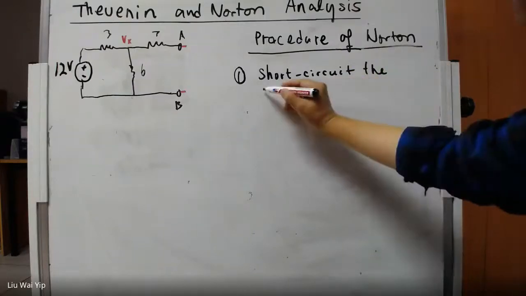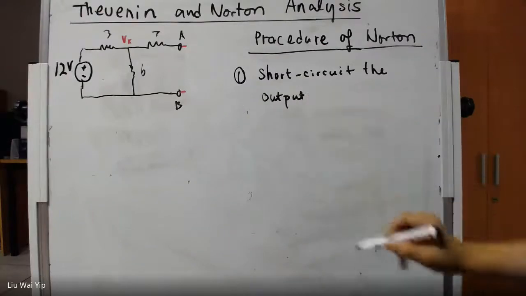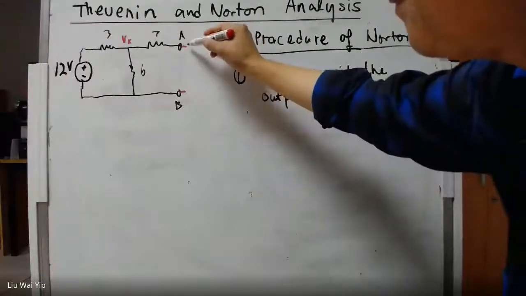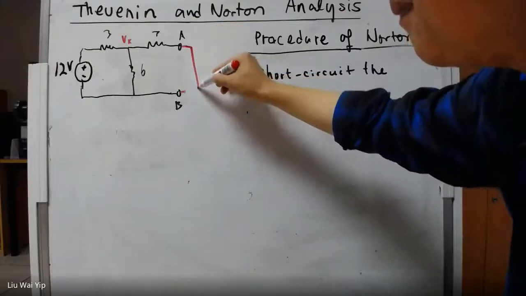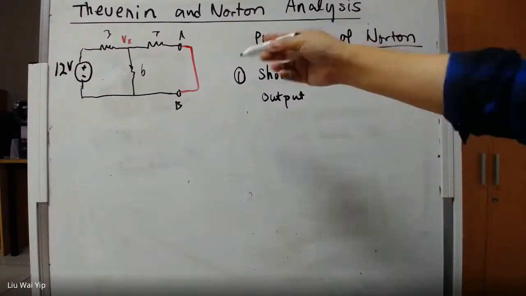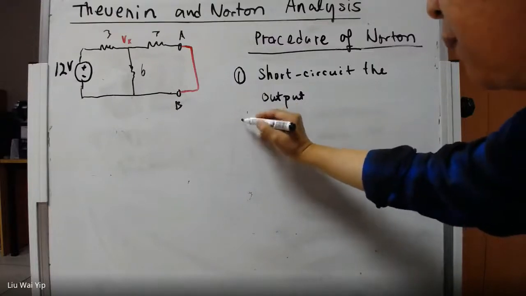So we are going to do this. And from here, we will find the current. And this current is going to be the so-called Norton current.